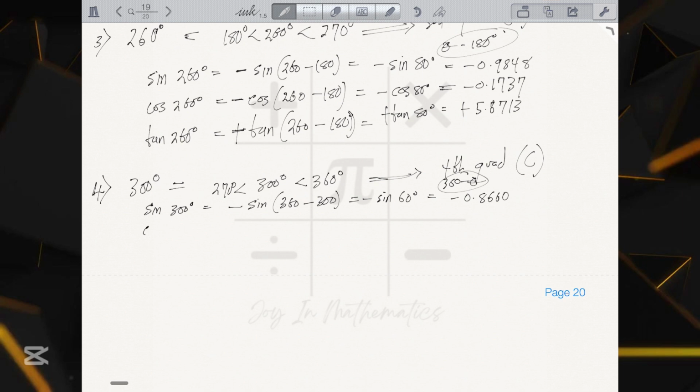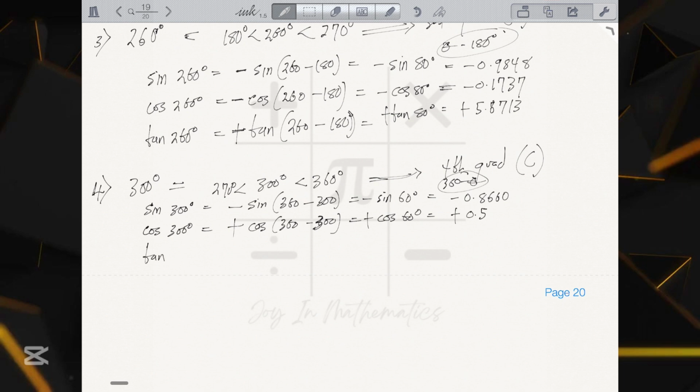Moving on, let's evaluate cosine 300 degrees. Cosine 300 degrees is cosine of 360 minus 300, because we're in the fourth quadrant. Cosine is positive, and this will give us positive cos 60 degrees, which is positive 0.5.